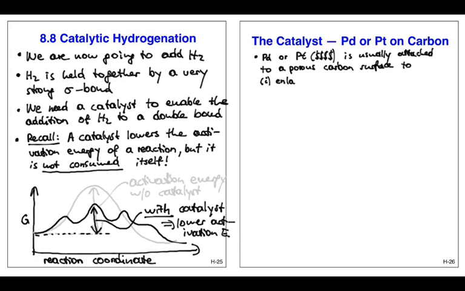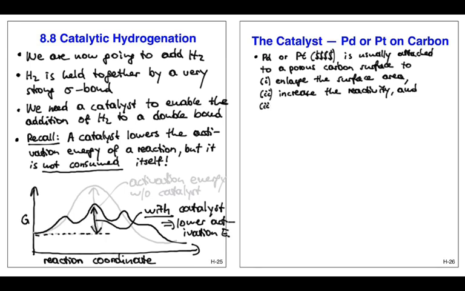And why do people do that? Number one, they do it to enlarge the surface area of this so-called heterogeneous catalyst. The catalyst is not dissolved, it's just suspended in the solution. That's why it's called heterogeneous. The larger the surface area, the better of a catalyst it will be, the more accessible it is to the substrate, and this in turn increases the reaction rate, the reactivity.